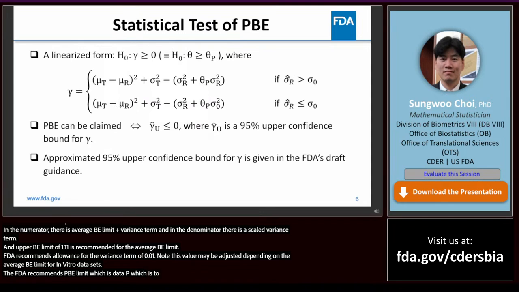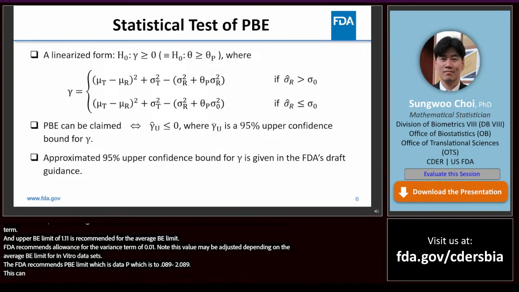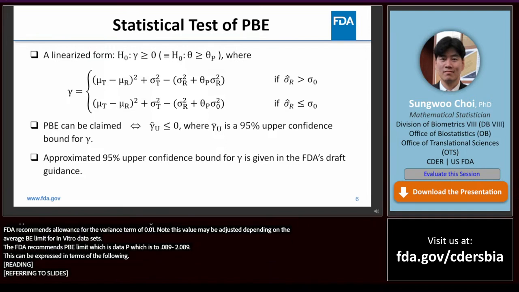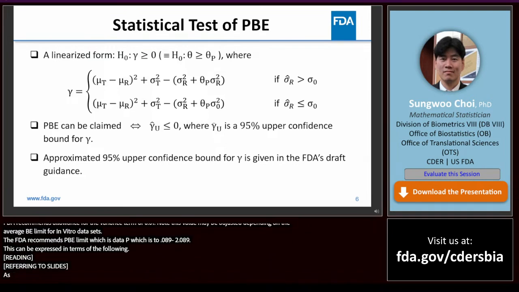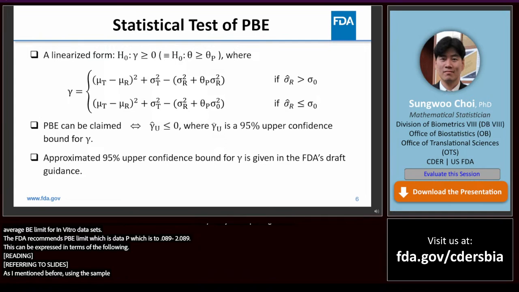Finally, we provide a statistical test of population bioequivalence in this slide. The population bioequivalence criterion in the null hypothesis can be expressed in terms of the following linear combination of parameters, which is defined as gamma. As I mentioned before, using the sample estimate of the reference standard deviation, we can determine which of the two criteria should be used.